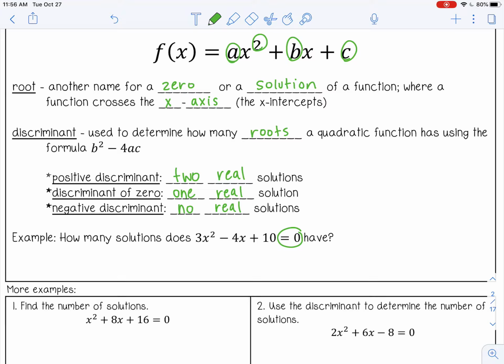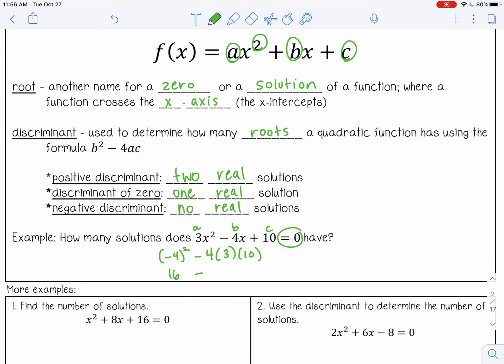So we're going to use the formula b squared minus 4ac. So the coefficients are right here, a, b, and then the constant of c. So b squared, negative 4 squared, minus 4 times a times c. All right, so negative 4 times negative 4, that's 16.